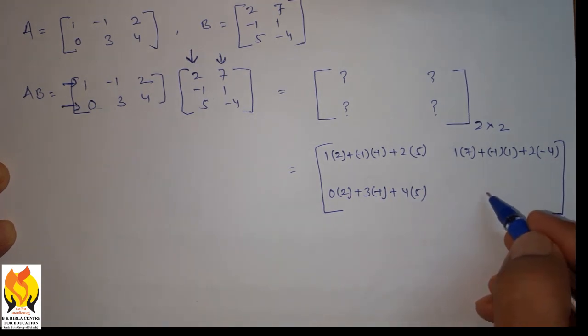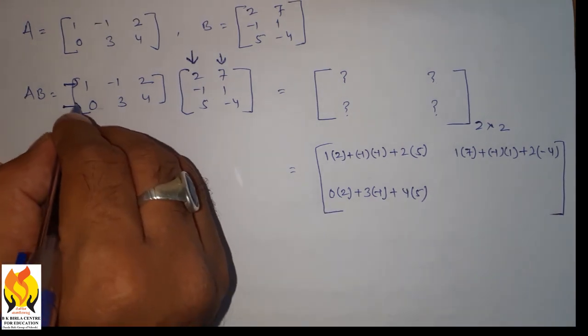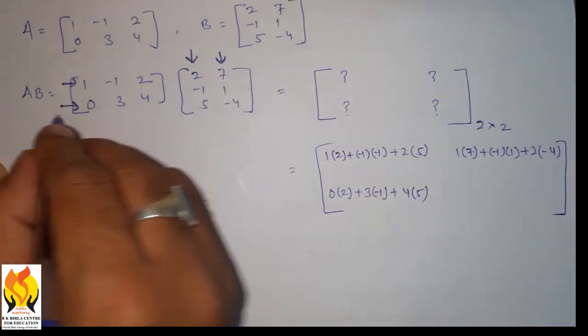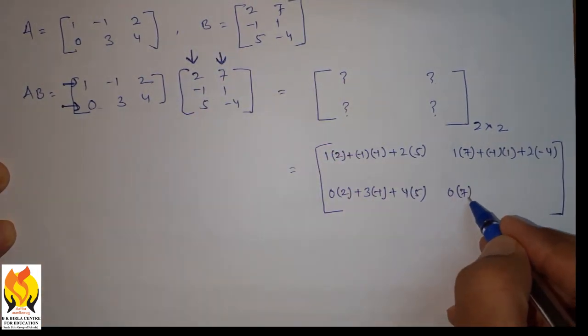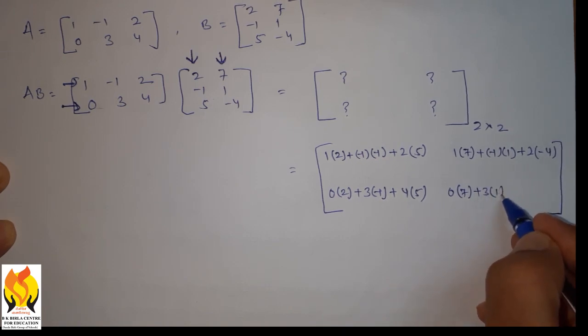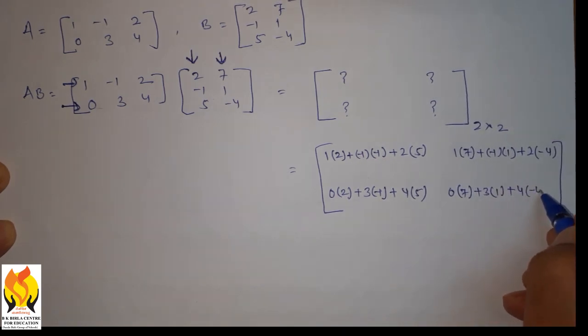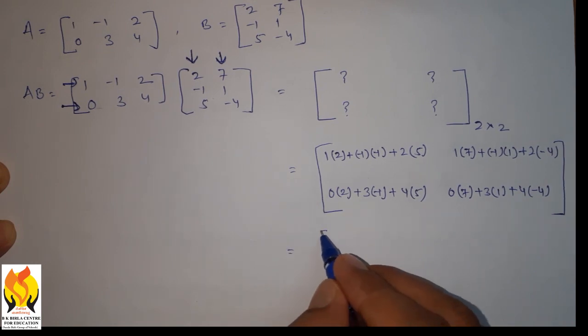Now we need to get the element at the place of A22. How will we get the element at A22? When you multiply row 2 with column 2, we have 0 into 7 plus 3 into 1 plus 4 into minus 4. Now we'll simplify, guys.